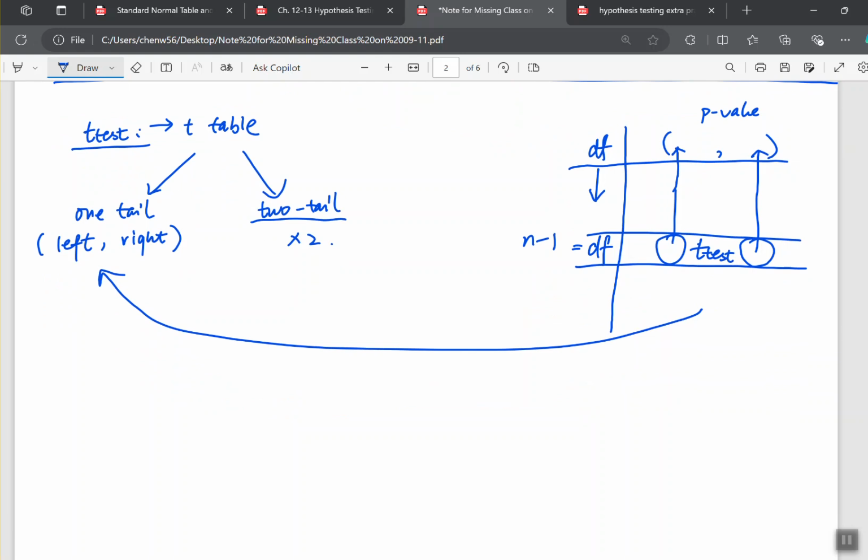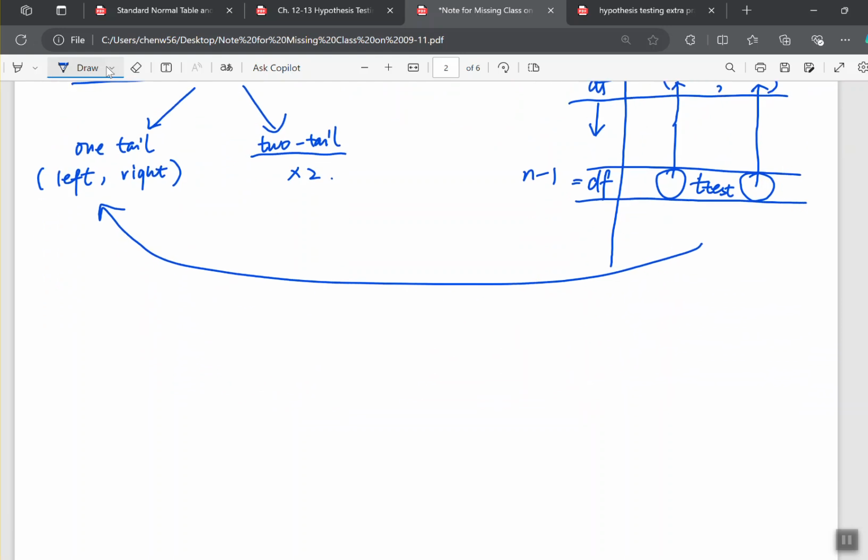And then in your MyStatLab homework, you may have a case where an exact p-value is needed.